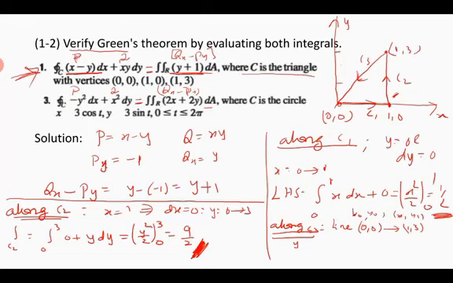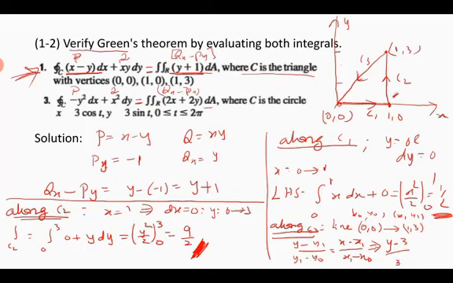Use the formula (y minus y0) divided by (y1 minus y0) equals (x minus x0) divided by (x1 minus x0). Y is variable, y1 is 3, y1 minus y0, 3 minus 0 is 3.